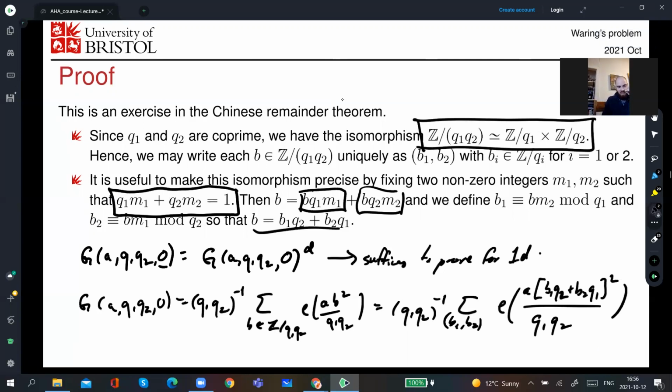Okay, I haven't done anything yet. Well, this B1, B2 is in Z mod Q1 cross Z mod Q2. Right, I've made use of that isomorphism now.